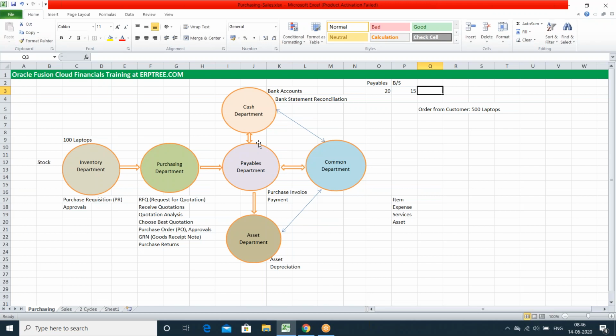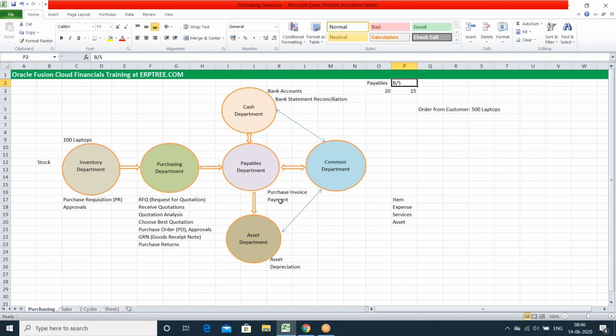Now the cash department's responsibility is, on one side they take the records from the payables department, and on the other side they take the records from the bank, that is, the bank statement. They always have to make sure that whatever is happening in the payables department is the same as what is reflected in the bank statement.